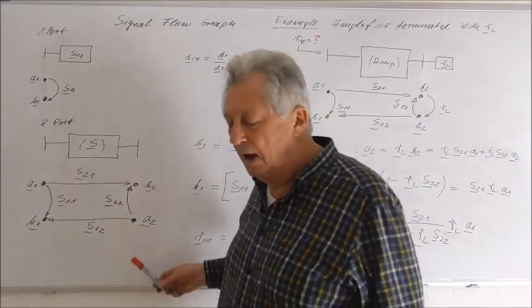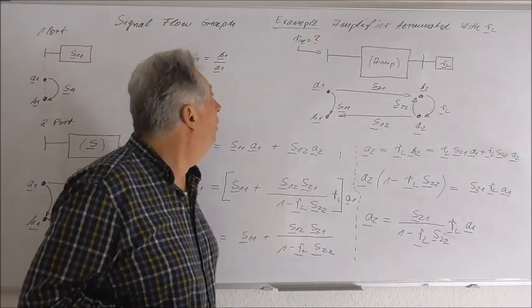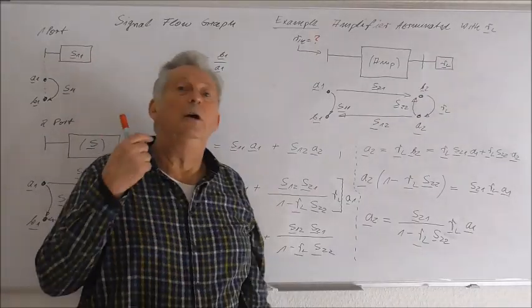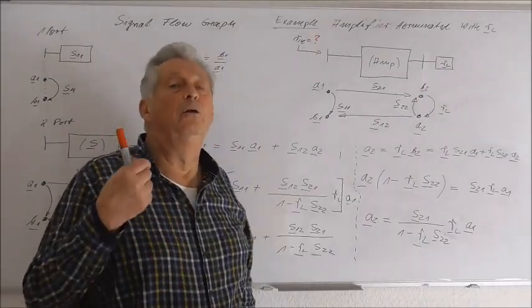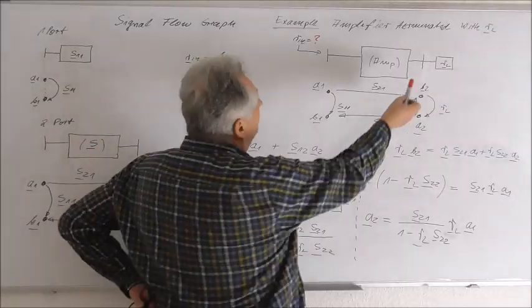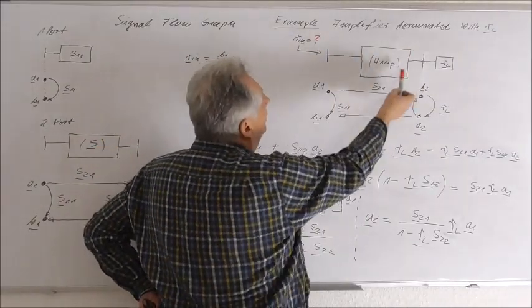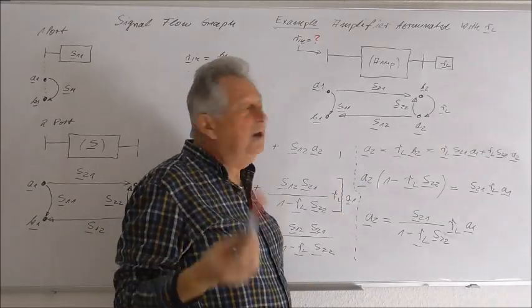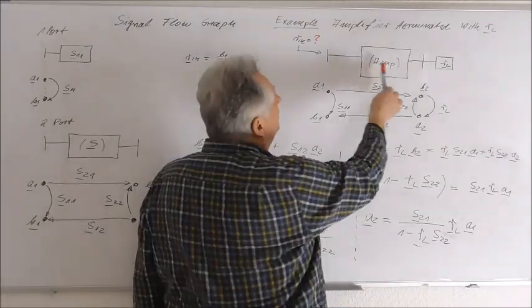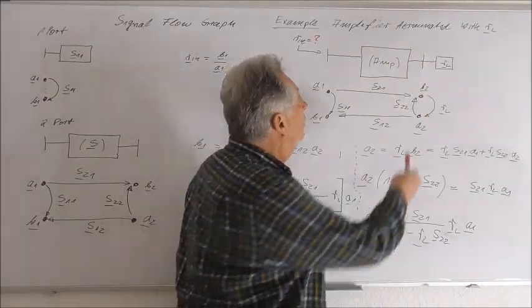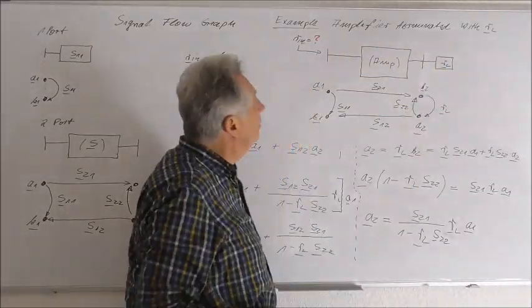Then as an application, I want to study now an amplifier which is terminated in a certain load reflection coefficient. So I assume our amplifier is here, and it's given by its S parameters, and this amplifier is terminated in a certain load reflection coefficient.